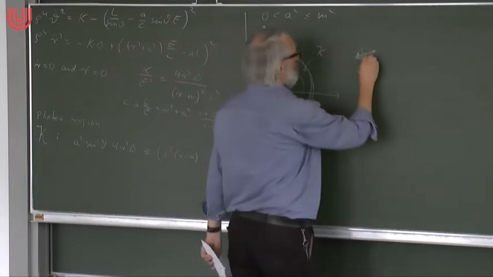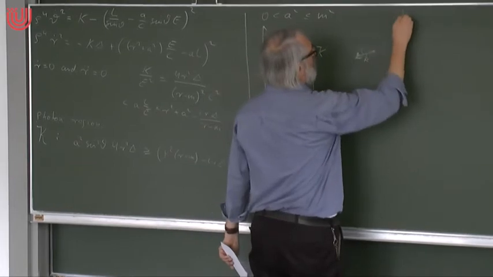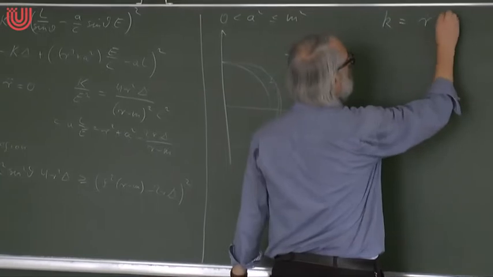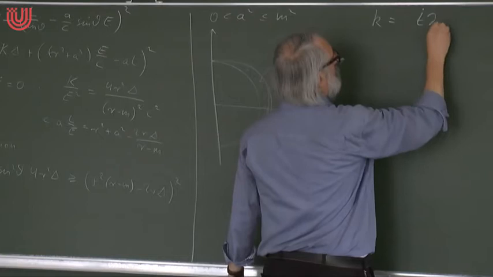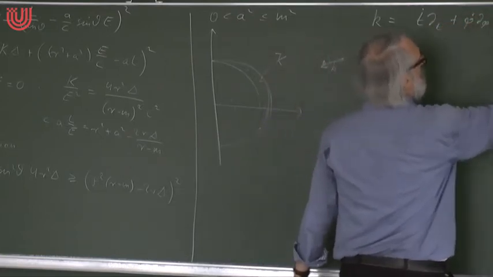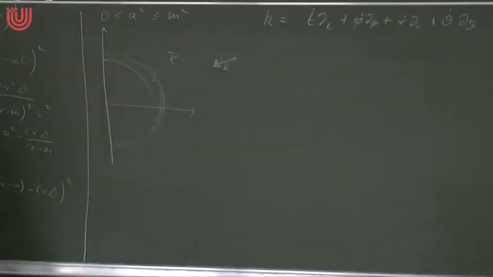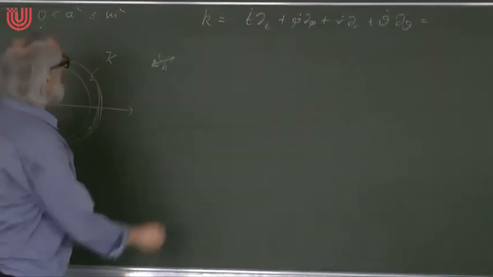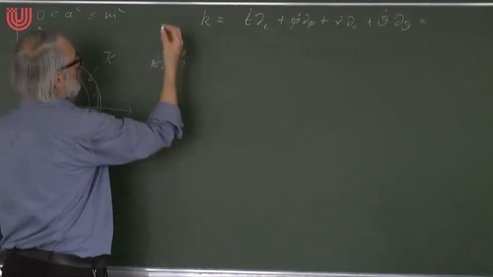So if we have a light-like vector k at the position of the observer, so k is a light-like vector, tangent to a curve, I can write it in the form t dot dt plus phi dot d phi plus r dot dr plus theta dot d theta. And then I also want to develop it in terms of a certain basis, which gives me the parametrization of the celestial sphere.